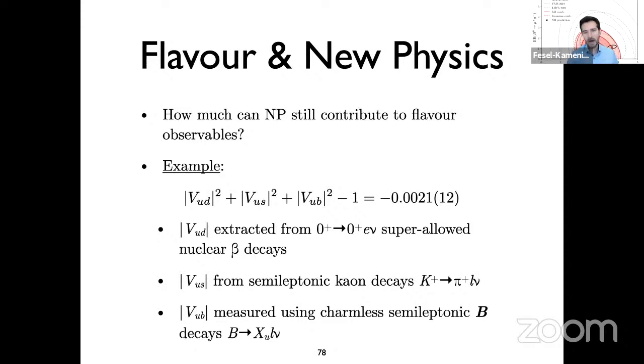Another way of testing the unitarity of the CKM is related to the first row of the CKM. We can phrase the CKM unitarity constraint on the first row, and in particular the moduli of these matrix elements, as extracted from various sources, can be used to probe this unitarity condition.